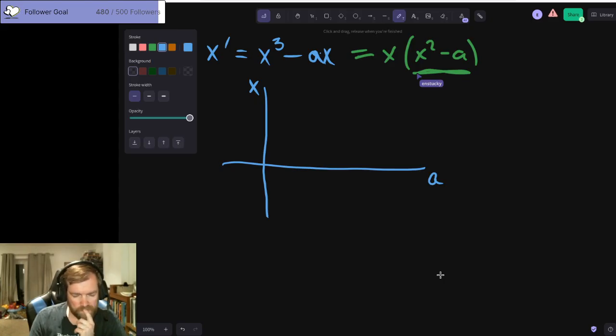But otherwise, if a is 0, I'm not sure how to think about that, but also only at the origin. And then if it's actually positive, then we get 3, slowly spreading away.